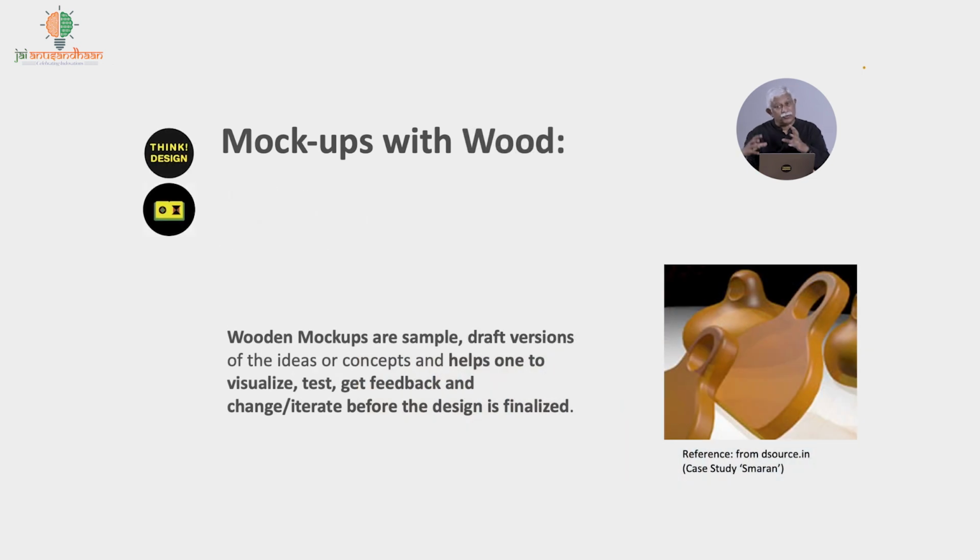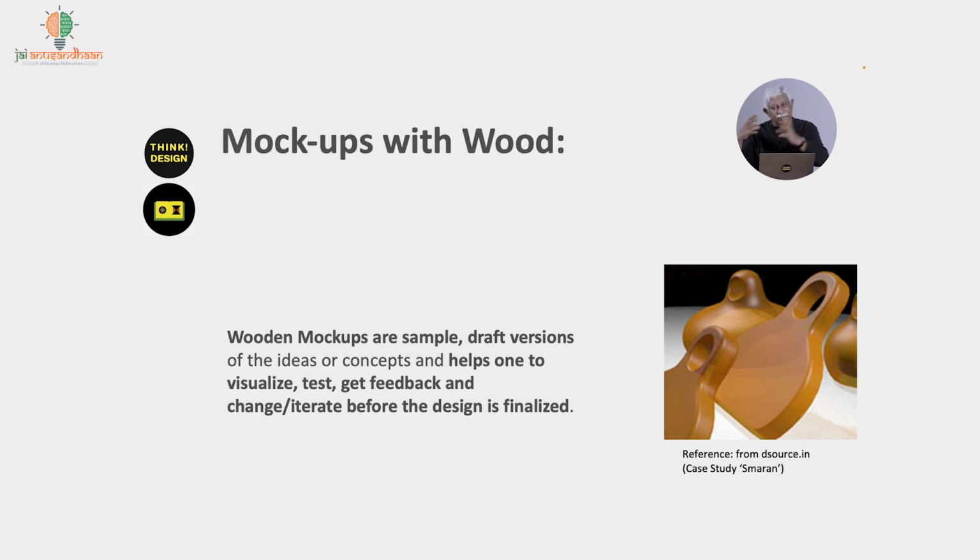Okay, and of course, wood is also another very nice pliable material, and especially if you use softwood, it's easy to work on, and you can get very refined, nice forms with that. Okay, traditionally, like when we were students, we used a lot of wood to make 3D objects.